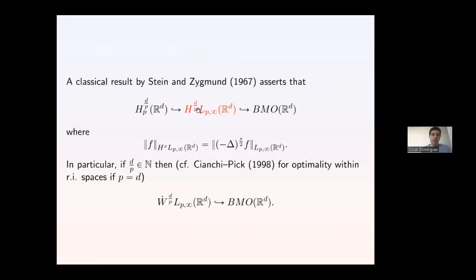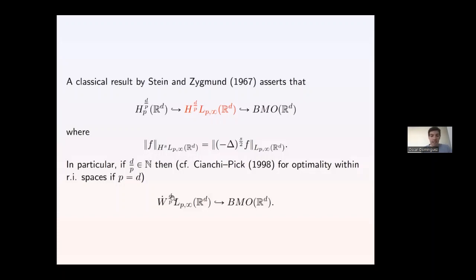In the special case that this smoothness is integral, since p is strictly larger than 1 and less than infinity, one can make use of the mapping properties of the Riesz transforms to get that this space coincides with the standard Sobolev space based on weak L^p.